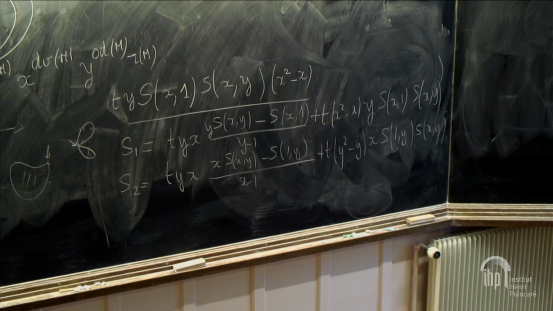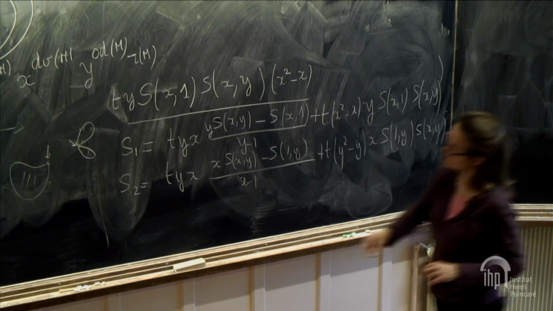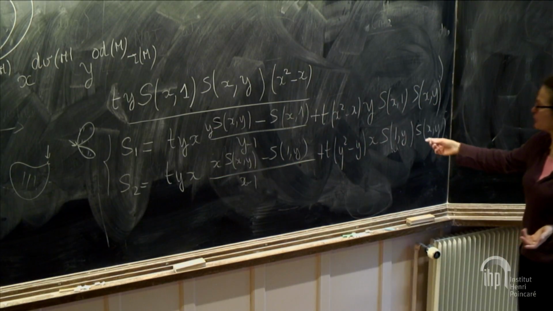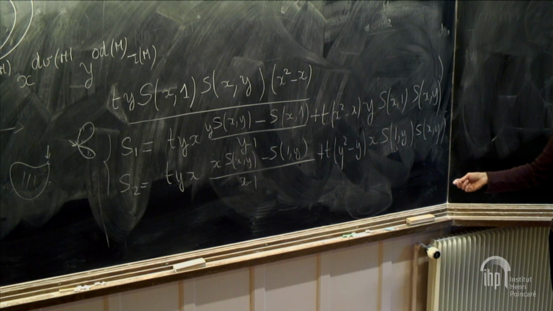So by duality, S of x y is S of y x. That's an important property. And this is due to the fact that if you take a map with a spanning tree, then the dual tree is a spanning tree of the dual map, and you have exchanged the exponents of x and y. And so you have a second term. So either you argue by duality or you reprove the whole thing.